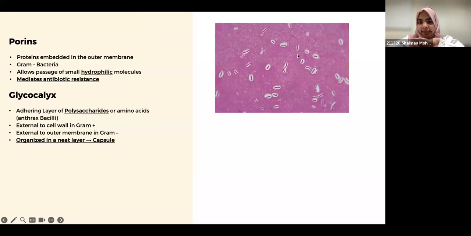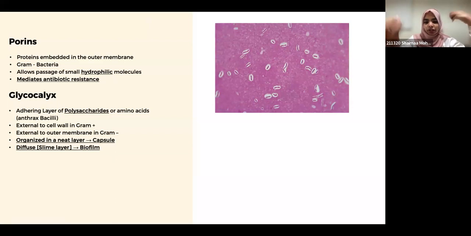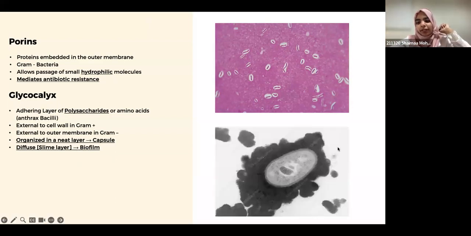For example, here is a glycocalyx that's organized neatly. However, if it has a diffuse or loose organization, a slime layer, this is called a biofilm. For example, in this bacteria the glycocalyx is not neatly organized, so this is a biofilm or a slime layer.